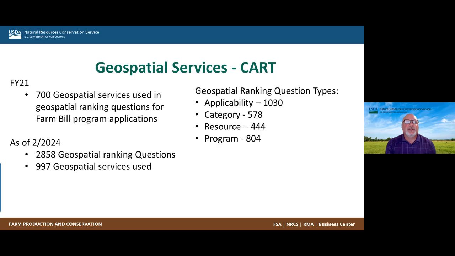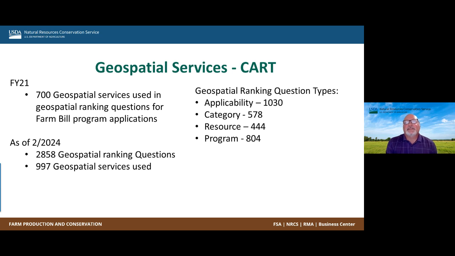So if you look at the breakdown of the types of questions, Jenna talked a lot about applicability. And obviously, applicability is kind of used to determine if the land units are within some specified area of interest, like a watershed, a state, a service center, a priority for some resource concern, like working lands for wildlife priority areas.